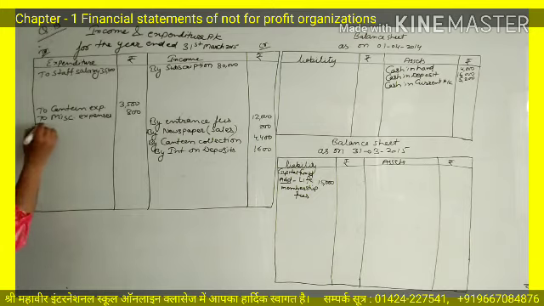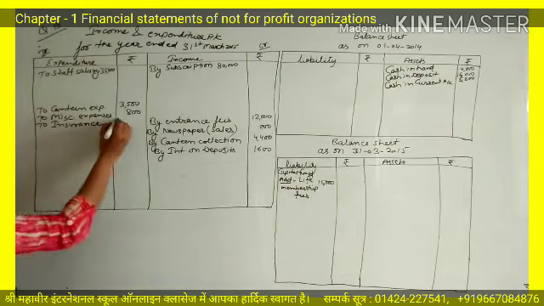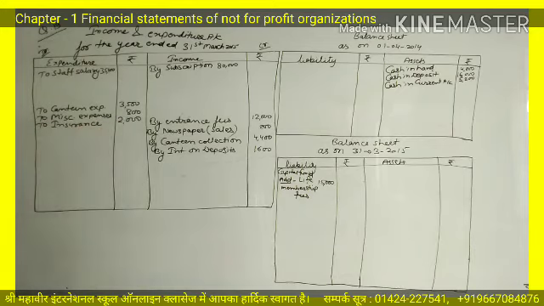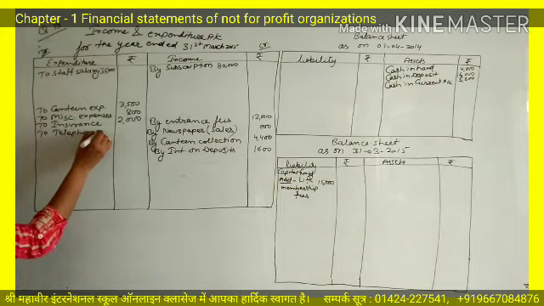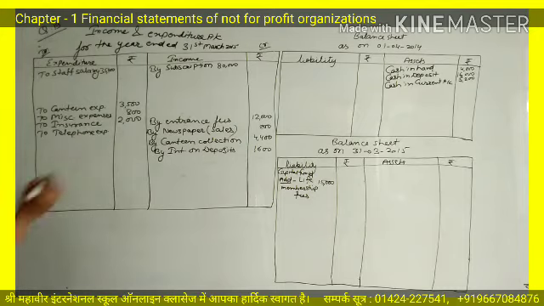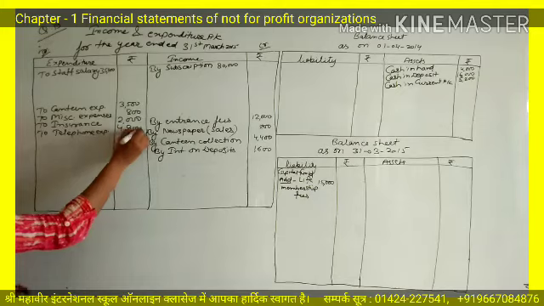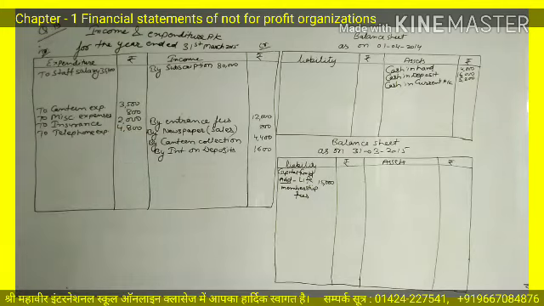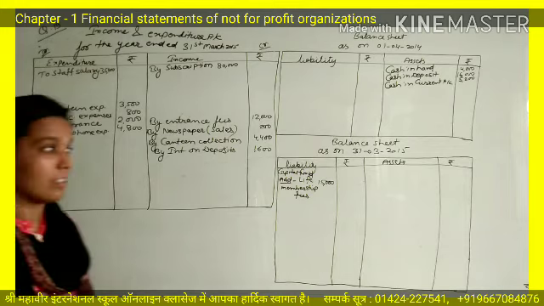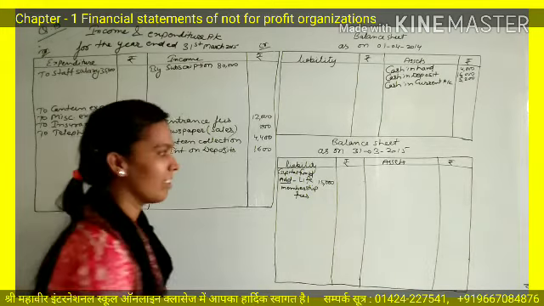Insurance, on the same place we will write insurance, 2,000. Telephone expenses, as you know that these are daily expenses in a business, that's why these are revenue expenses, 4,800. Furniture purchased, furniture purchased means you have purchased an asset, so it will be written in the balance sheet.